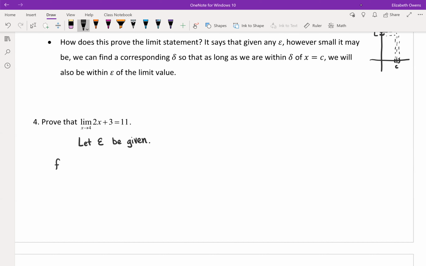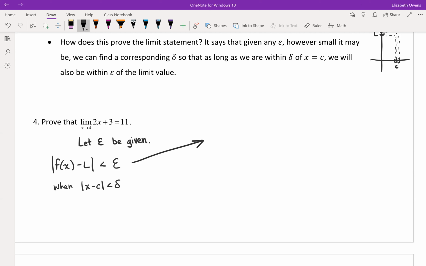Then we will write our limit definition. You can write the generic version first if you'd like. Absolute value of f of x minus L is less than epsilon when absolute value of x minus c is less than delta. Now we are going to plug in the information that we've been given in this problem.